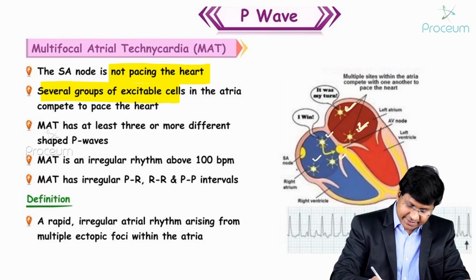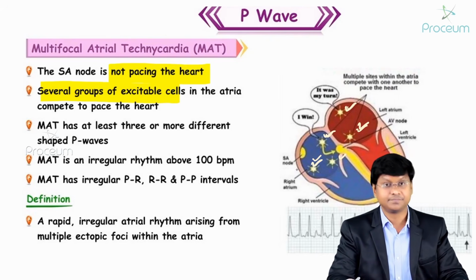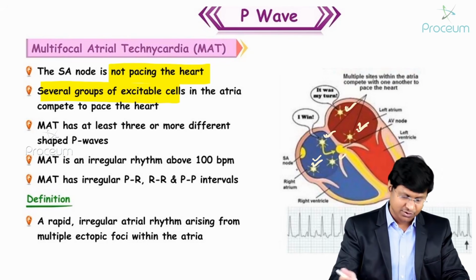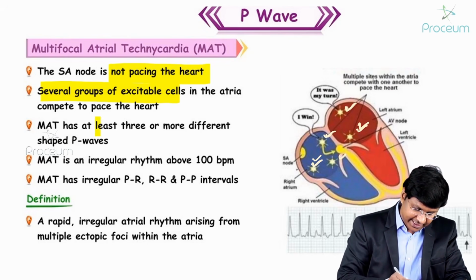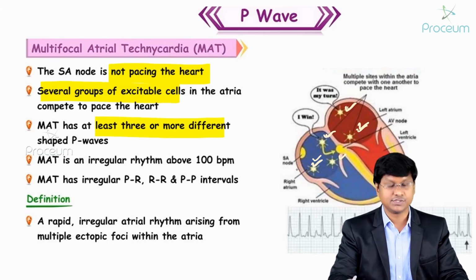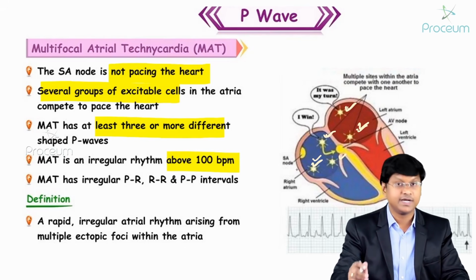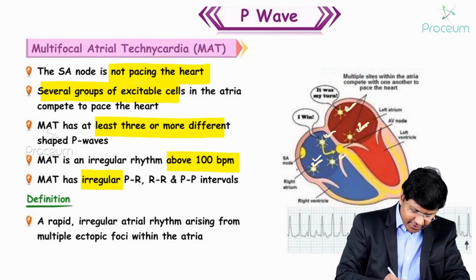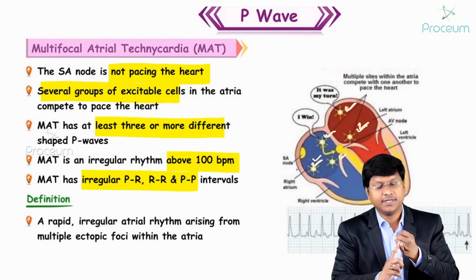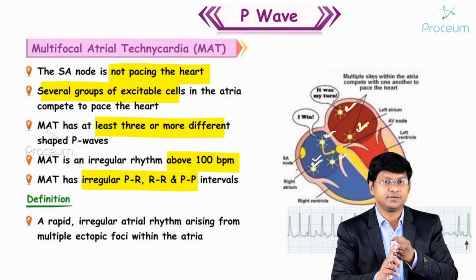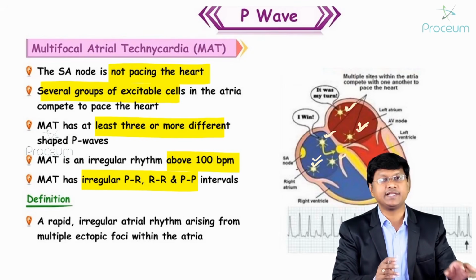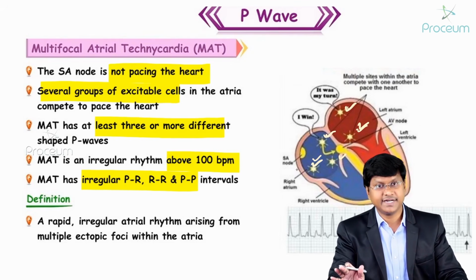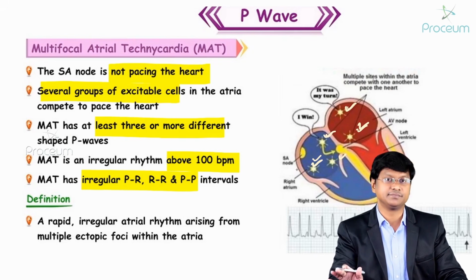In MAT, as I have already said, there should be at least 3 different P wave morphologies, and the heart rate should be above 100 beats per minute. And in case of MAT, remember, there is irregular PR interval, irregular RR interval, irregular PP interval. So the rhythm in MAT is an irregular rhythm.